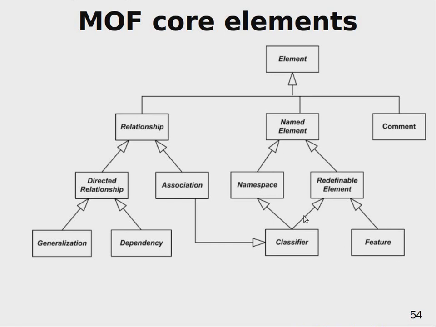So remember that here these all are extensions. That means if you would generate source code of it, that would be namespace extends named element, or association extends relationship. But when you apply this meta model to an actual lower level model, you create an instance of it, like a new element or new classifier or new feature.